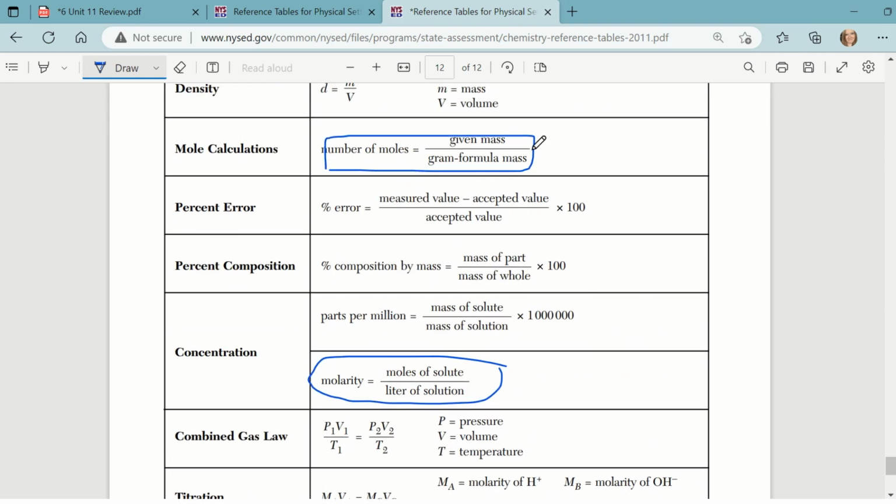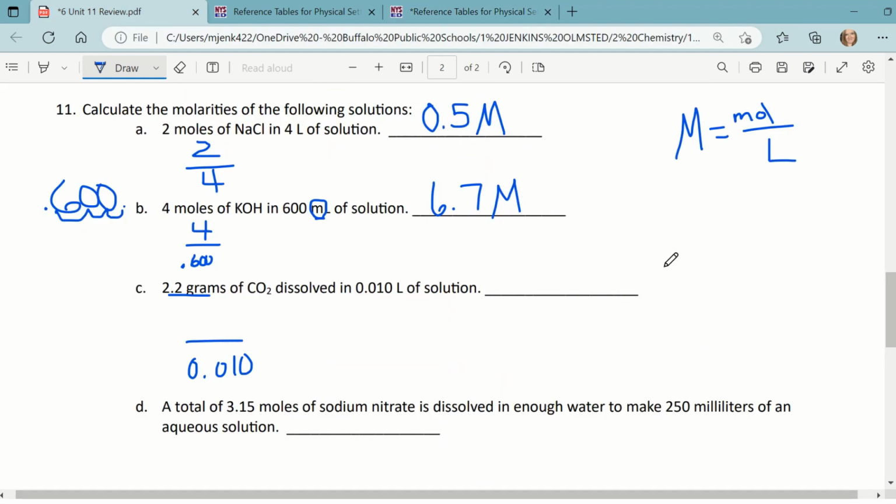So moles is mass over gram formula mass. So moles equals mass over gram formula mass. So I have the mass, 2.2. Gram formula mass. What do I do? I look up these elements. The atomic mass or molar mass for carbon is 12. For oxygen it is 16. But I have 2 of them. So that's 32, and then I add them up. 32 and 12 is 44.